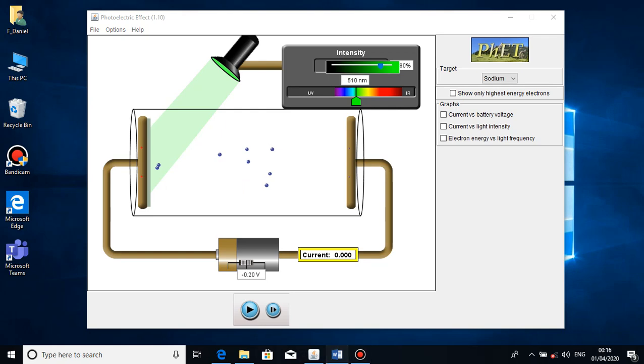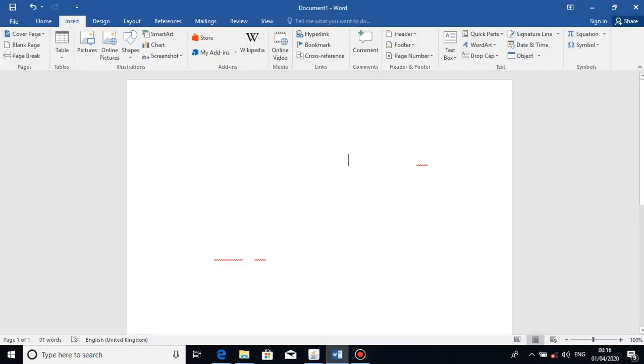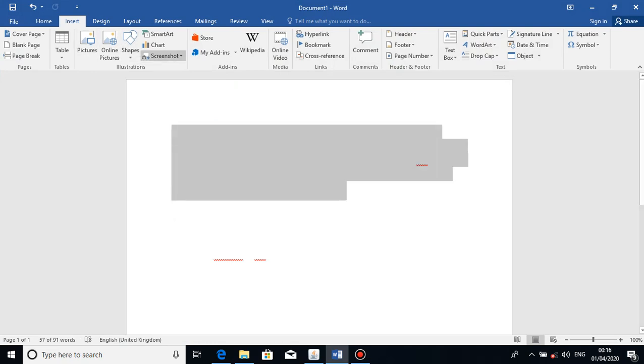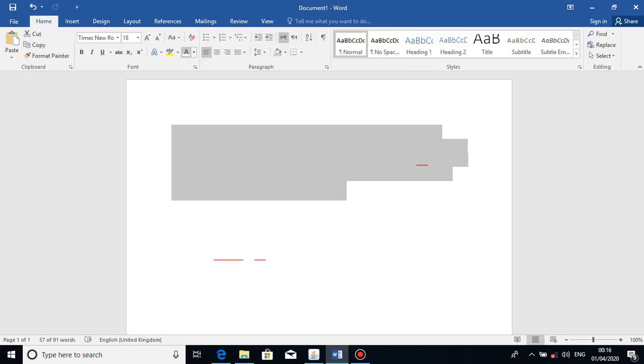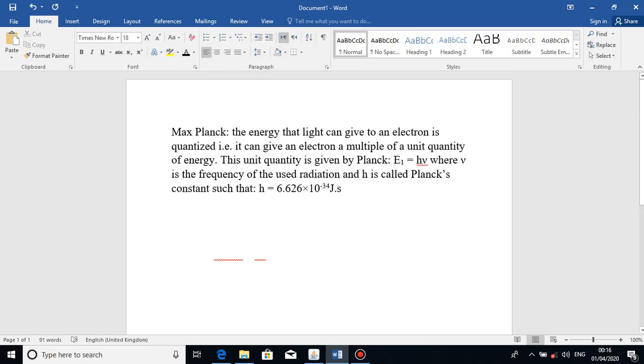Now, how to explain this important phenomenon? It is very simple. A very important scientist called Max Planck, a German scientist who studied this phenomenon very well, concluded that the energy that light can give to an electron is quantized, which means light can give an electron a multiple of a unit quantity of energy.